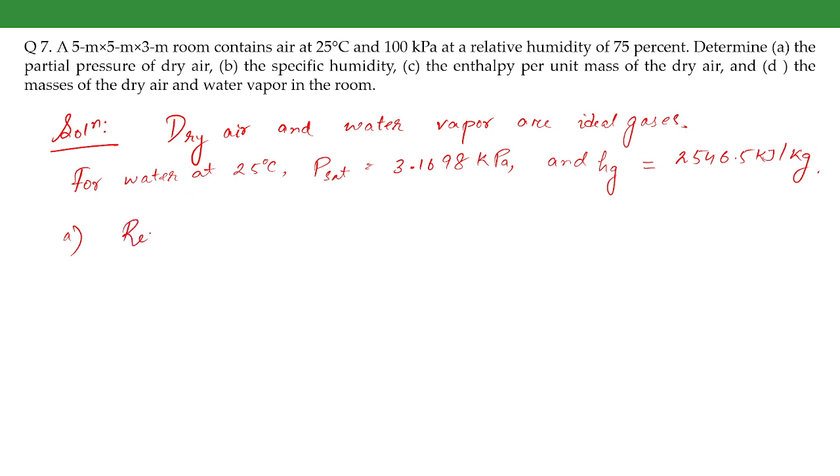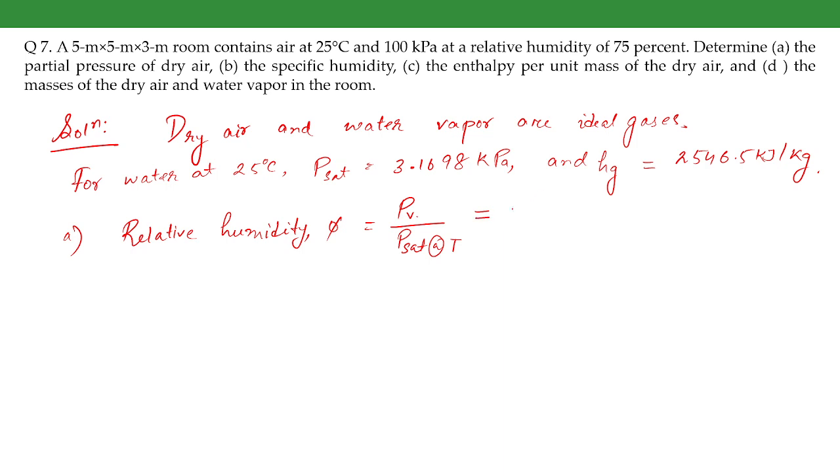Now, relative humidity. We know relative humidity phi is the ratio of the partial pressure of vapor in the mixture divided by the pressure at which it becomes saturated corresponding to that temperature, that is, the saturation pressure corresponding to the temperature of 25 degrees Celsius, or any particular fixed temperature.